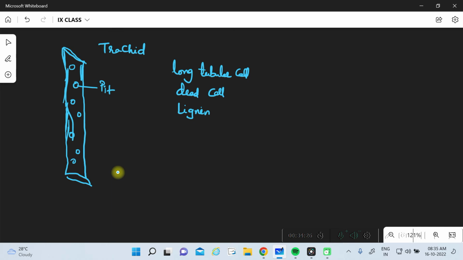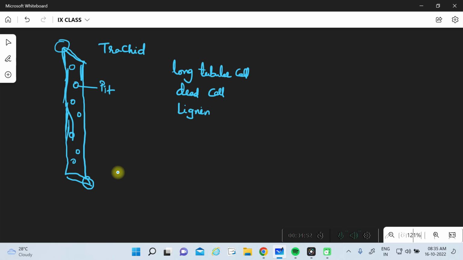It has a wide lumen but is tapered at the ends. If you see the ends, they are tapered. So it is a long tubular dead cell with lignified walls, a wide lumen and tapering ends. That is how you can describe the structure of tracheids.